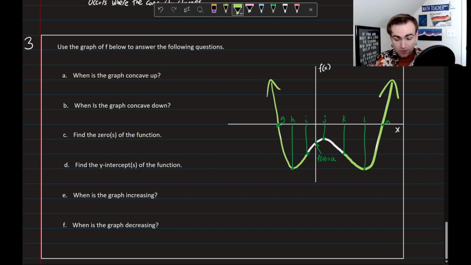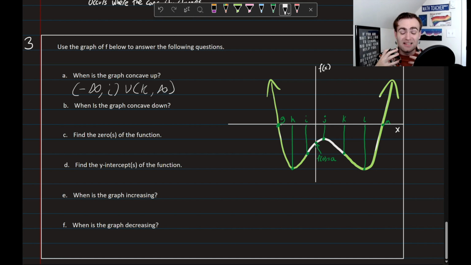So everywhere in green here is concave up. So we would say it's concave up from negative infinity to i, and from k to infinity.